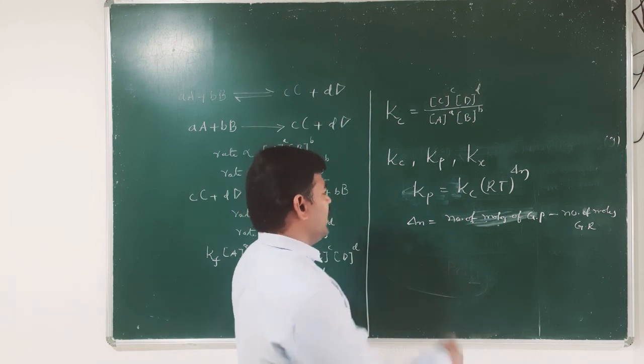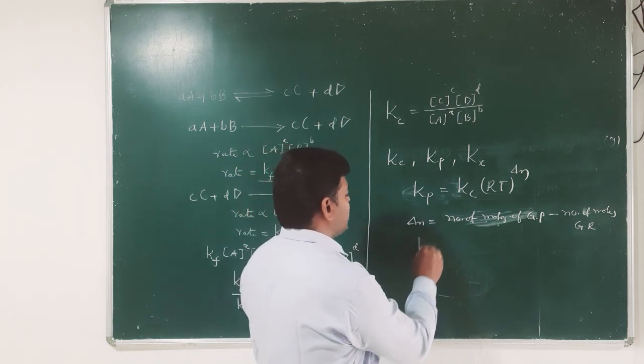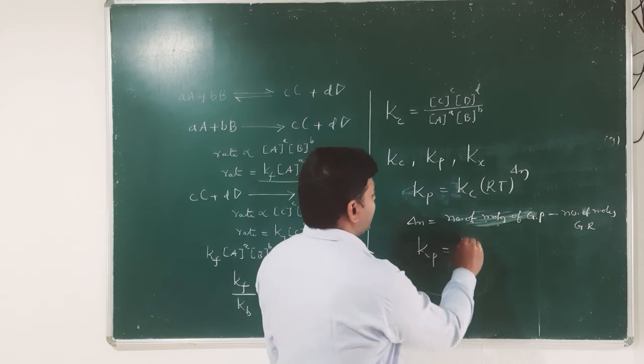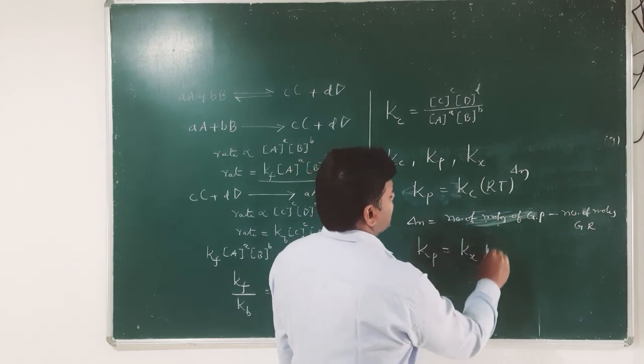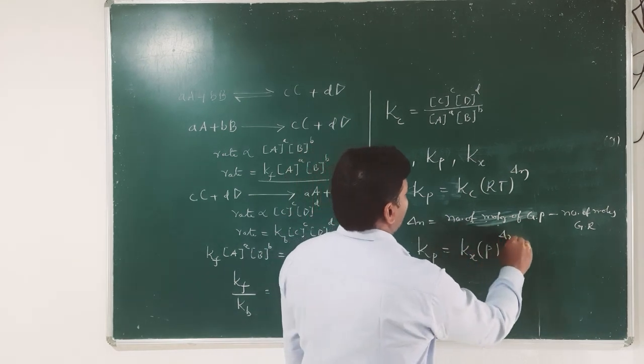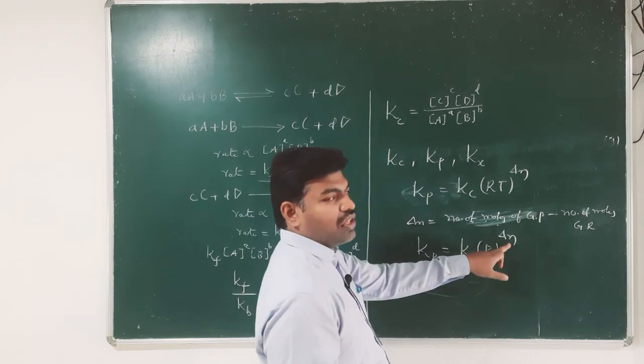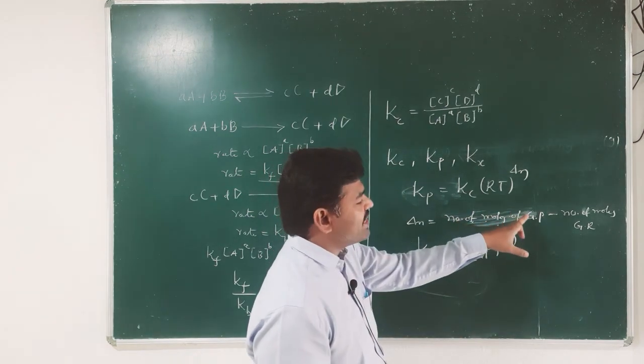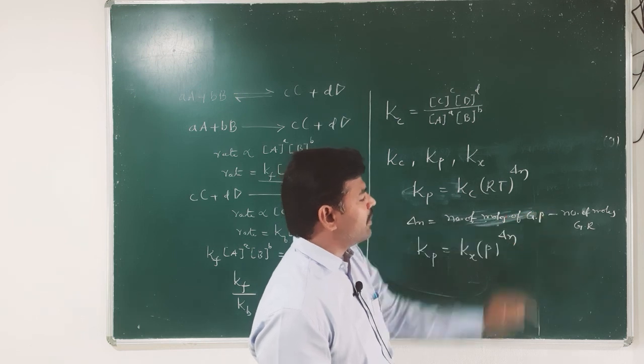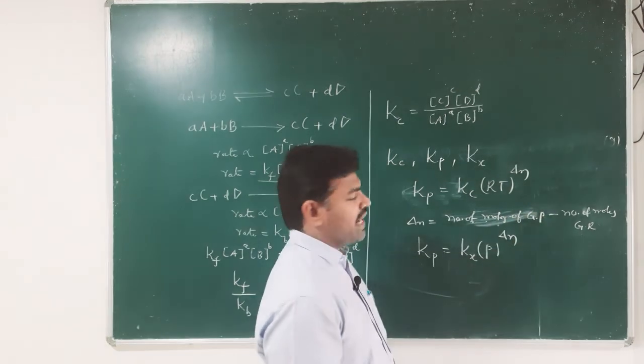And one more relation that exists between Kp and Kx is Kp equals Kx into P power delta n, where delta n is also equal to the number of moles of gaseous products minus the number of moles of gaseous reactants.